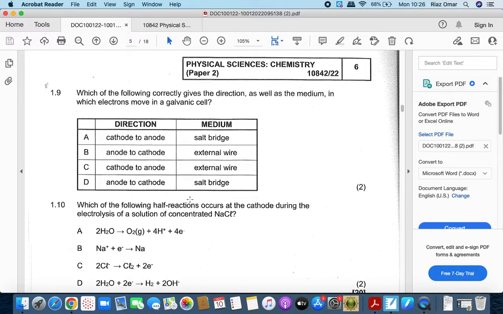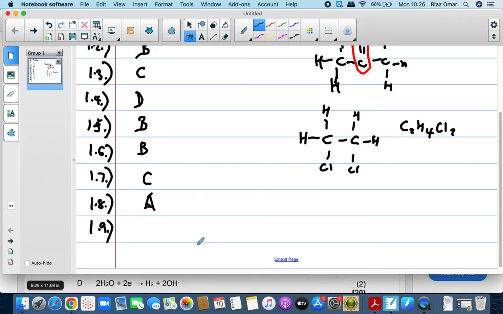The electrons move in the external wire, and in the salt bridge, the ions move. So looking at the answers, from the anode to the cathode in the external wire will be B. So the correct answer for 1.9 will be B.